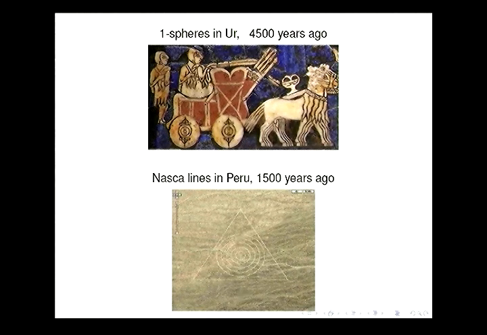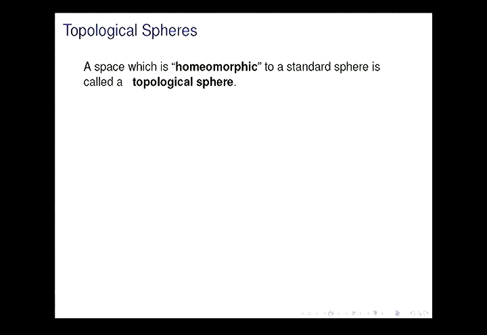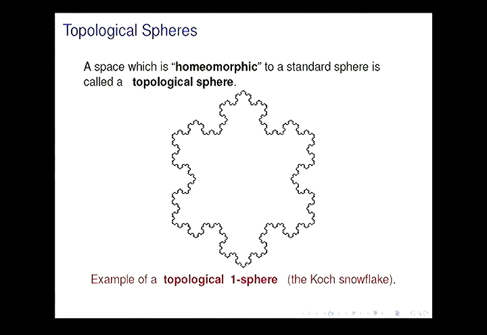And two-dimensional spheres have also been known for a long time, but still going back to the circle. I want to look not only at the standard round circle, but distorted versions of it. For example, this is a famous fractal called the Koch snowflake, which for my purpose is a sphere.